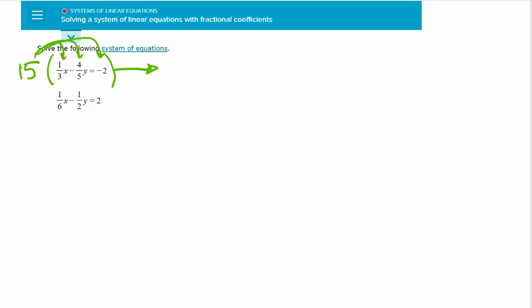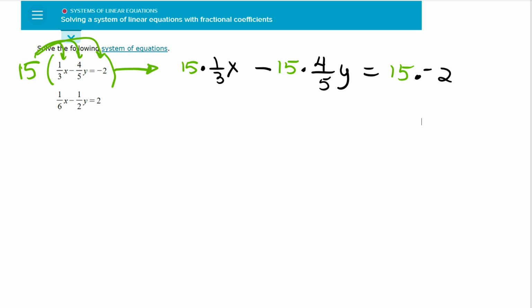But you have to multiply 15 times the 1/3 x, and then minus 15 times the 4/5 y equals, and then 15 times the -2.